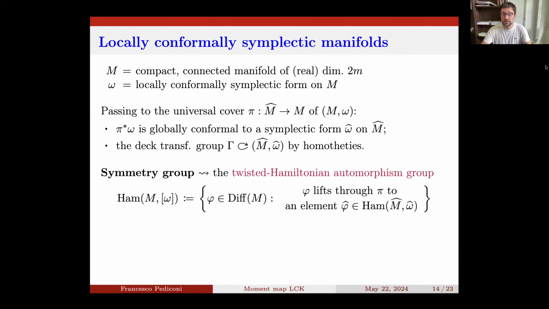Okay, so basically the gauge group acting on the base corresponds to the Hamiltonian group of transformations acting on the symplectic cover.